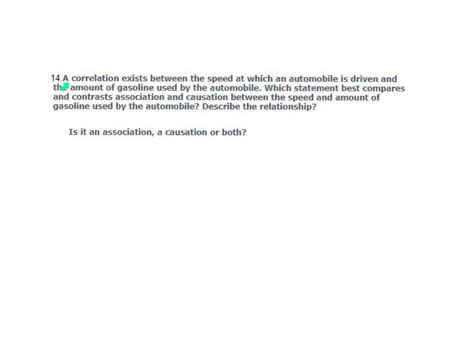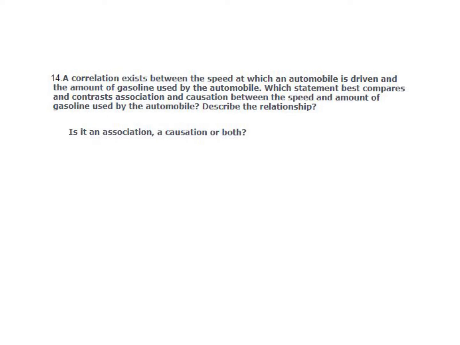Okay, so question 14 says that a correlation exists between the speed at which an automobile is driven and the amount of gasoline used by the automobile. Which statement best compares the contrast, association, and causation between the speed and amount of gasoline used? Describe the relationship. So this relationship is actually both association and causation.